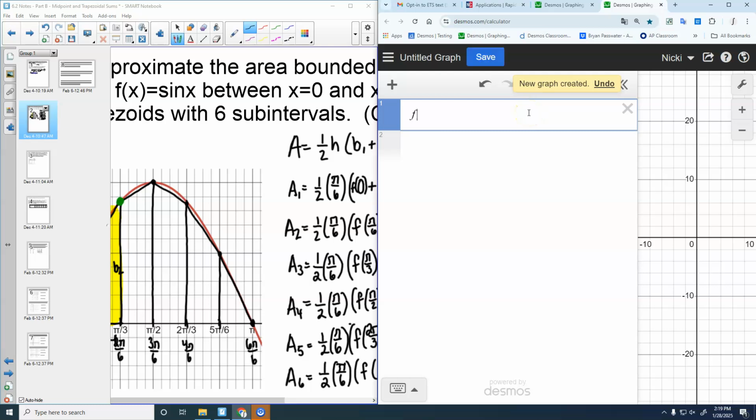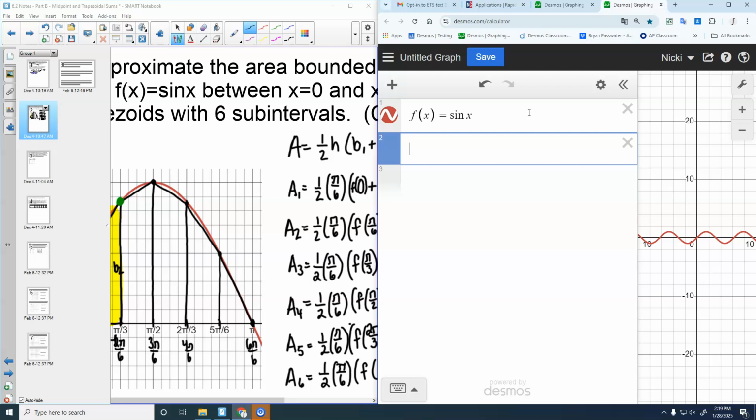So if our f of x equals sine x, I've got the first one be 1/2 times pi over 6 times f of, I need parentheses here, f of 0 plus f of pi over 6. Oh, gracious. All right, so that would be my first one. I'm not even going to write that down because so many decimals.